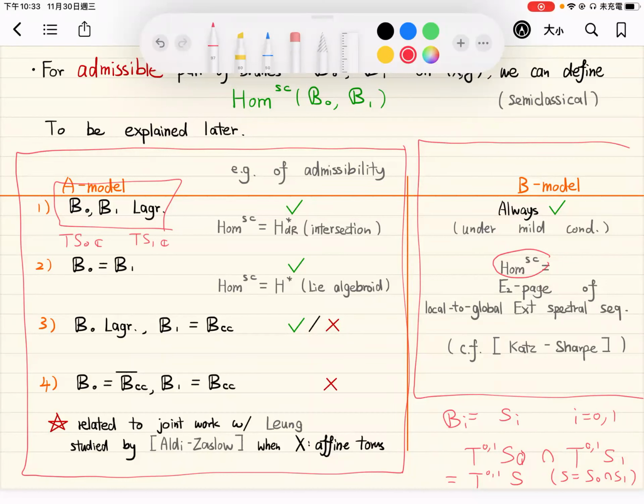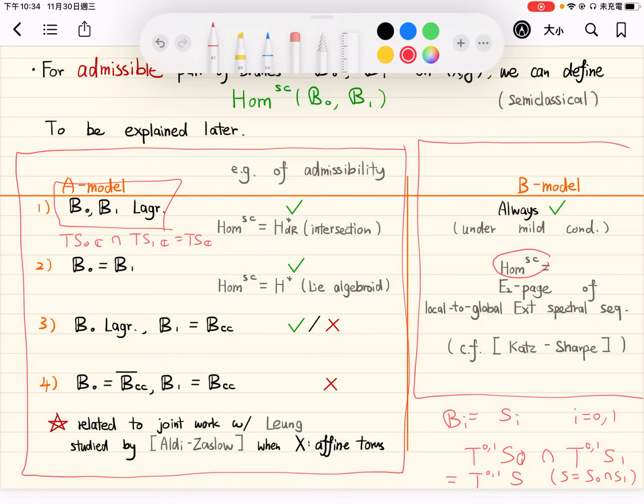And again, I assume the clean intersection, then you will see that the intersection of these two complexified tangent bundles is just the complexified tangent bundle of the intersection. In this case, we can define the SC Hom to be the de Rham cohomology of the intersection S.